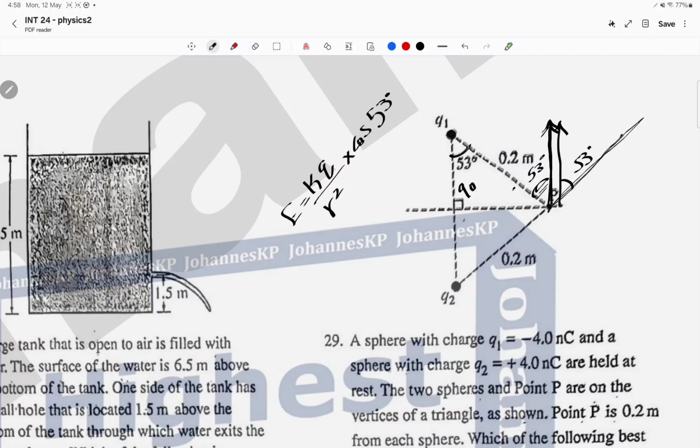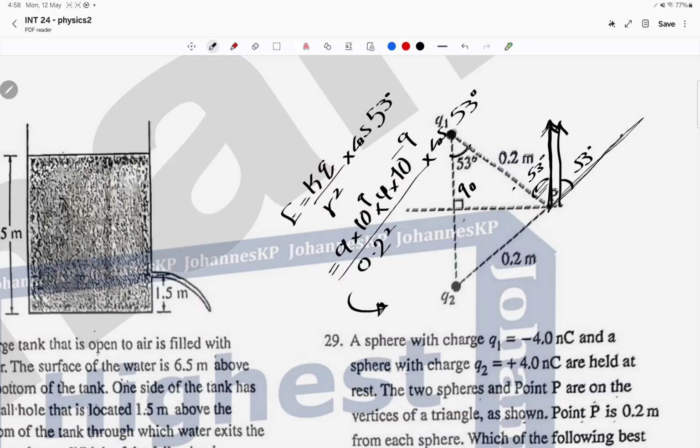Make sure your calculator is in degrees, unlike calculus, which is in radians. K, Q for nano. We couldn't care less about the minus sign because of the absolute value. So 0.2 squared times cosine of 53.